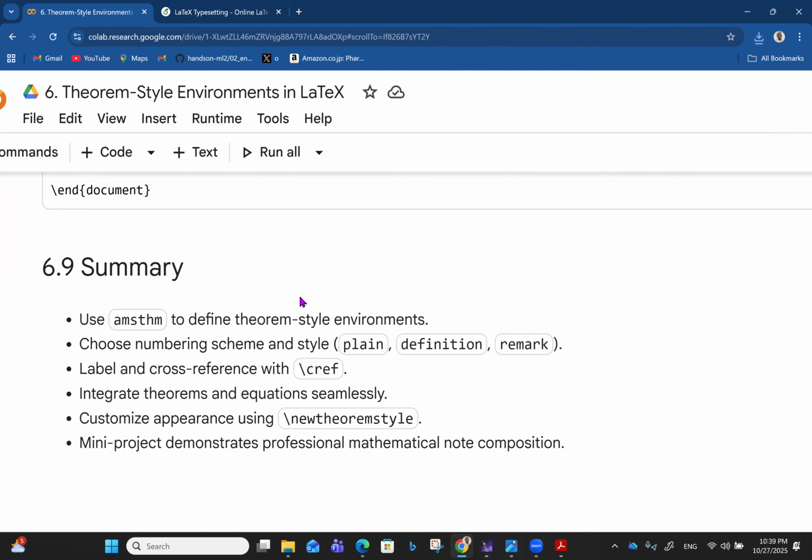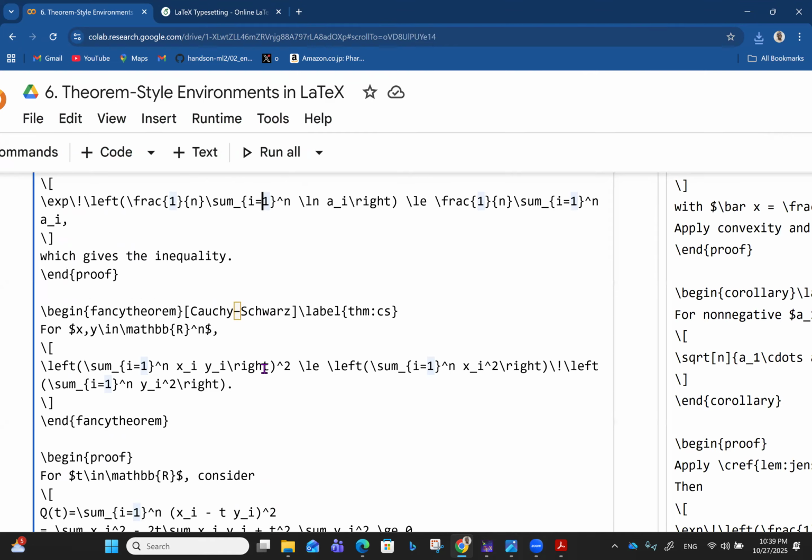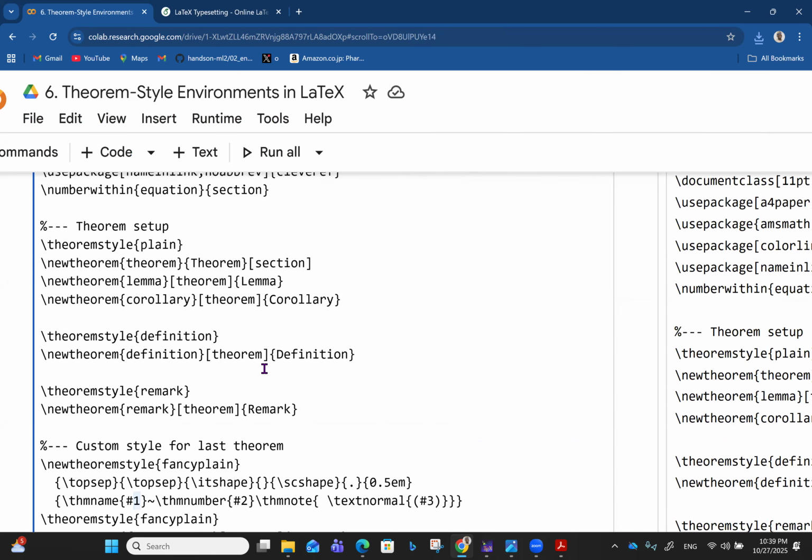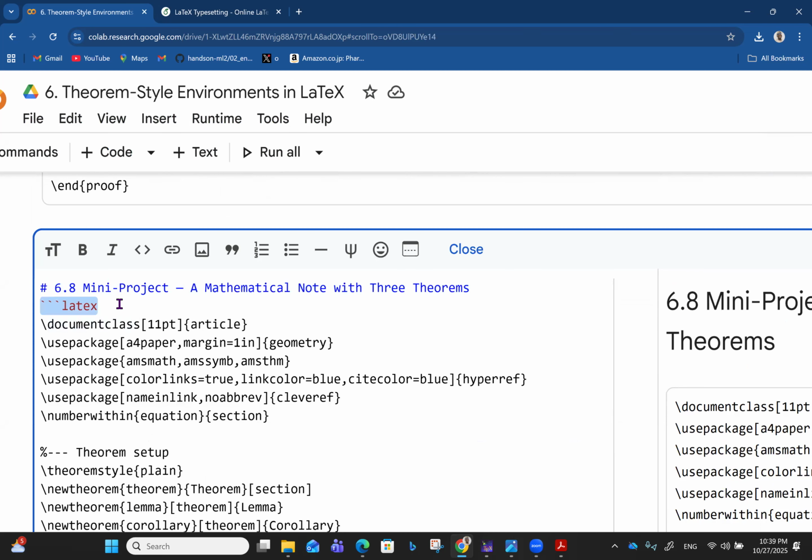All you need to do is open it in the markdown environment like this, maybe in Google Colab, and double click on this, then copy and paste it. Don't forget to remove the first two lines that made it into markdown like this. It's better to remove the whole thing so that it starts with documentclass. Then you copy and paste it, and you can tweak it as you wish.